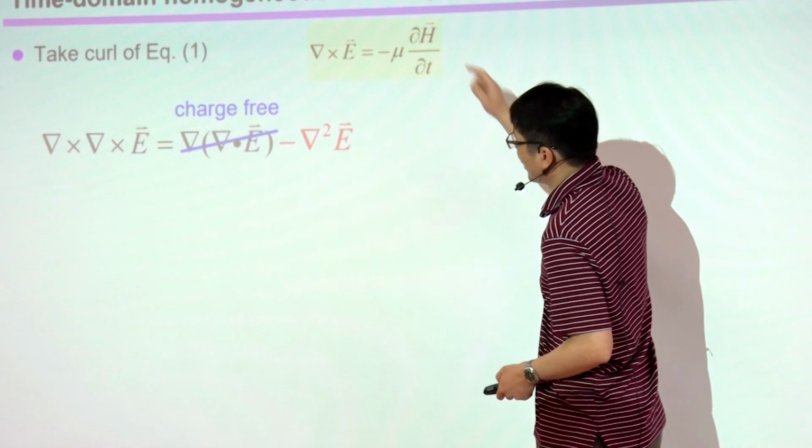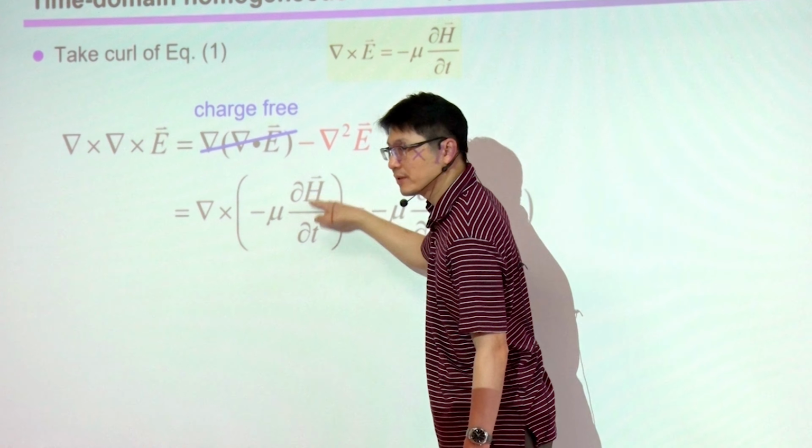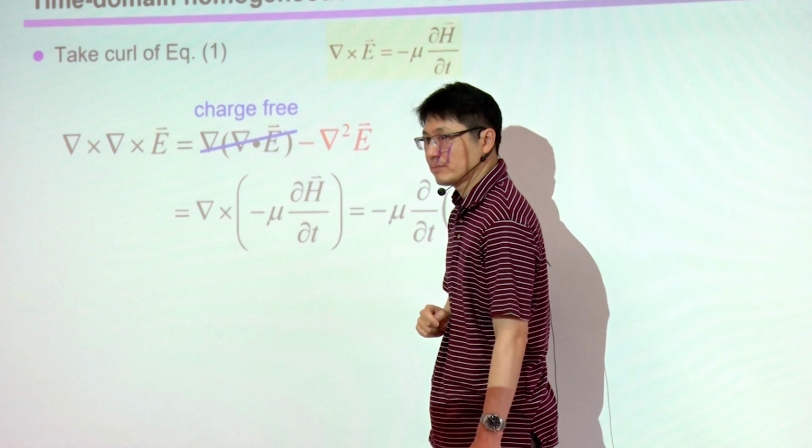On the right-hand side, look carefully. Each step requires your understanding of the assumptions about the material. Curl of this entire thing in the parenthesis, negative mu H time derivative.